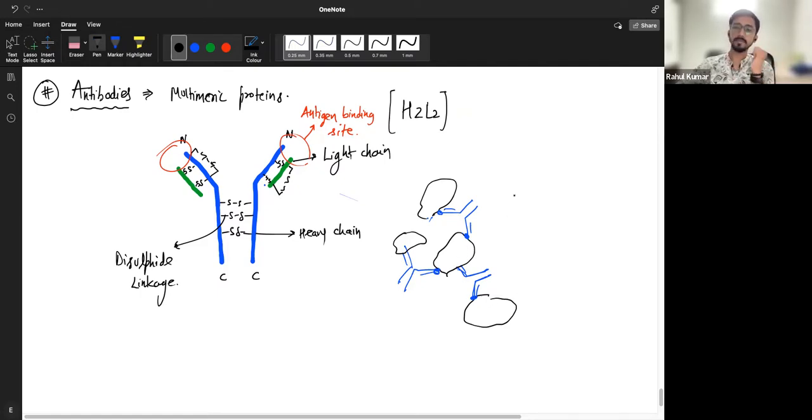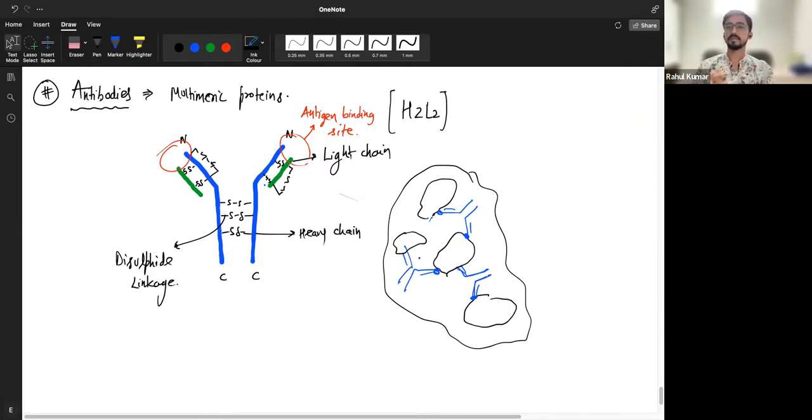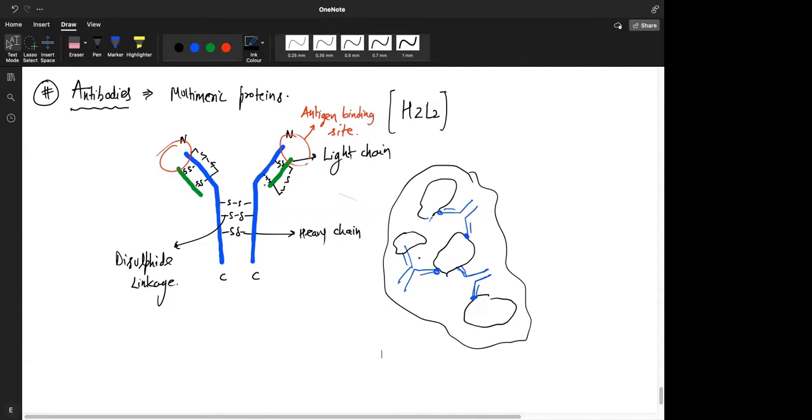But what happened? Ultimately antibodies made a cluster of all these, right? They coagulated, agglutination it's called. So now the pathogens cannot function, cannot go, like they are trapped in a mesh of antibodies. You understand? Yes, sir.